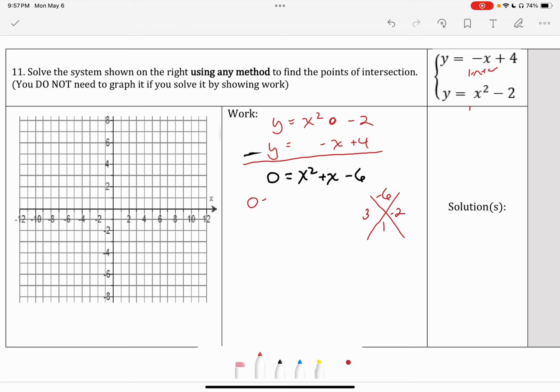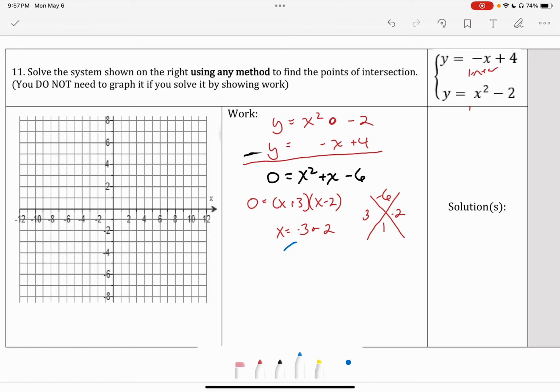So in factored form, this is x plus 3, x minus 2. So just like we've done in previous problems up above, I'm going to get x values of negative 3 because negative 3 plus 3 is 0, and positive 2 because 2 minus 2 is 0. So those are our x values.